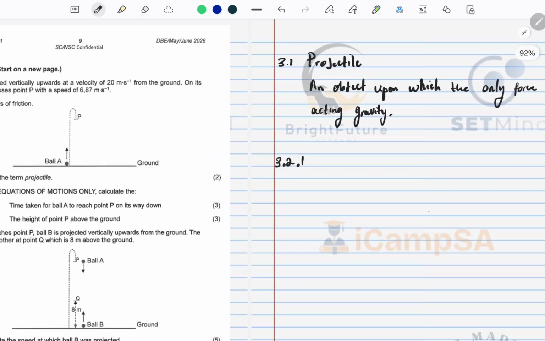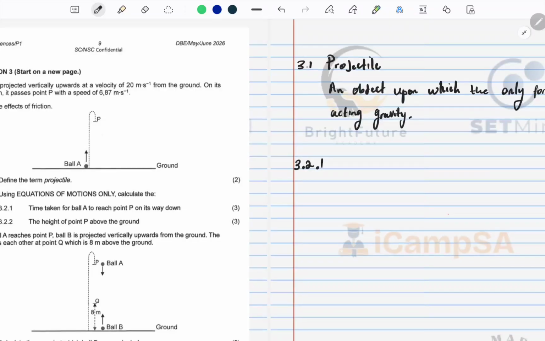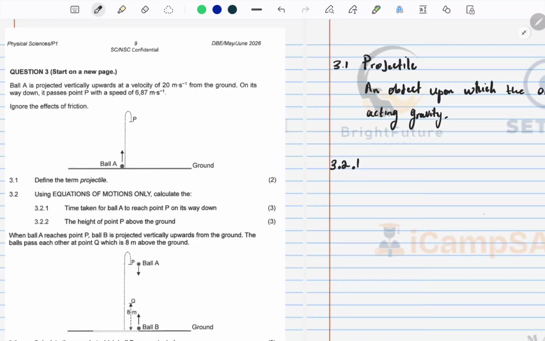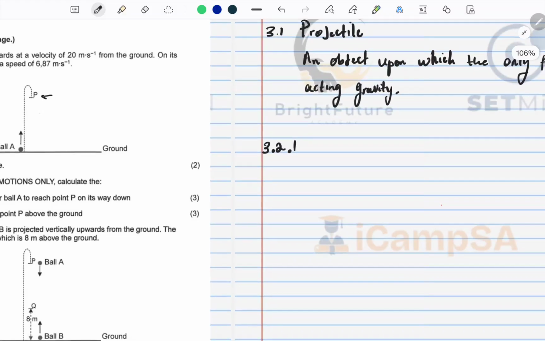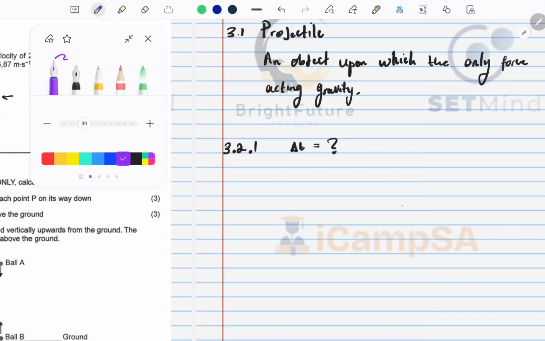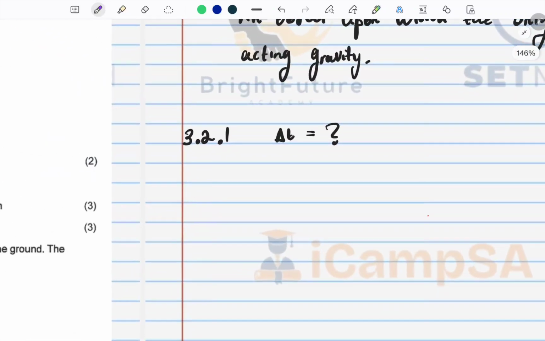From the statement, what we have here is your initial velocity, which is 20 meters per second. You also have the velocity when you get here, the 6.87. But what you're looking for is time, which is delta t here. So you just need to use the equations of motion that have time.